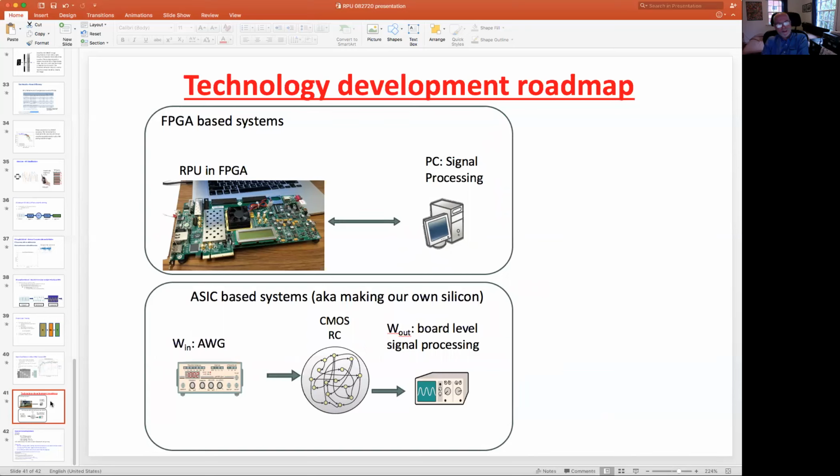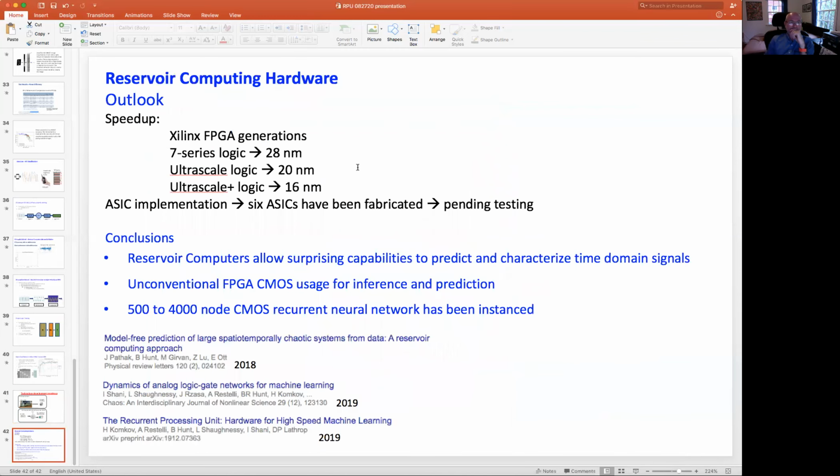So the basic notion is that we can make our own chips that have reservoir computers on them. We can feed analog signals, let's say generated by an arbitrary waveform generator, into those chipsets and then observe the state of the reservoir, either digitally or using high-speed oscilloscopes to observe the analog state of the reservoir overall. So that's upcoming research that we're working on.